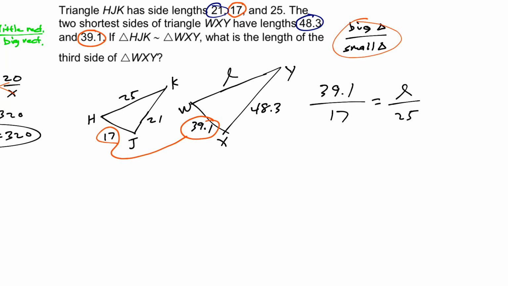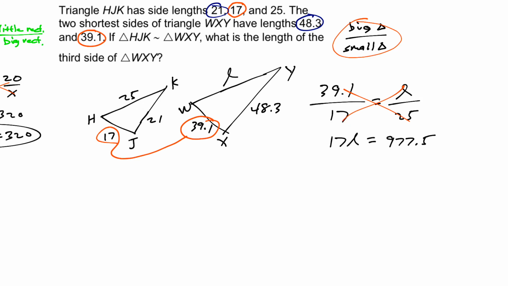Now let's do our cross products. So we have our first product of 17 times L, so that gives us 17L, is equal to our other cross product, which is 25 times 39.1. That comes out to be 977.5.